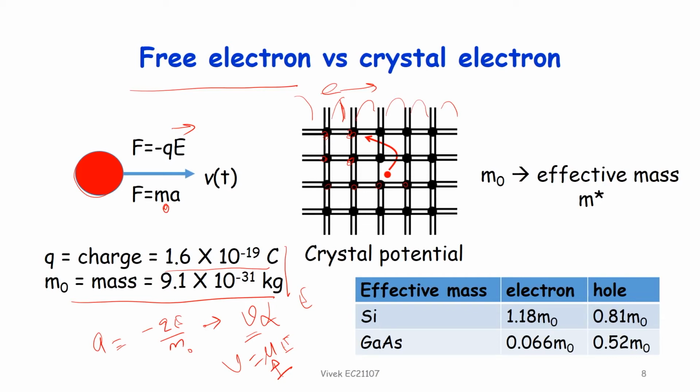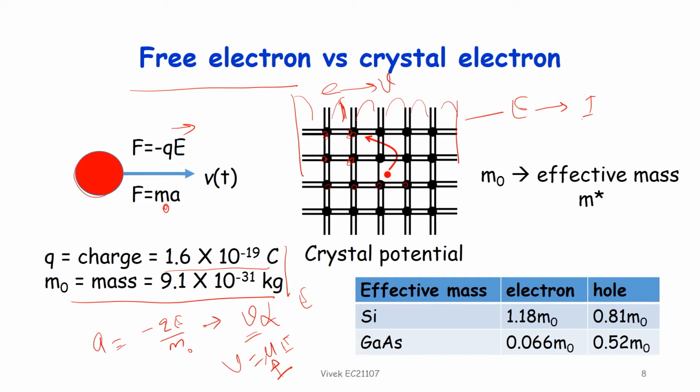Now we are not going to solve for the crystal potential itself. What we are worried about is this: we want to apply a field and see what current will flow. If we apply a field, what will be the velocity of this electron?